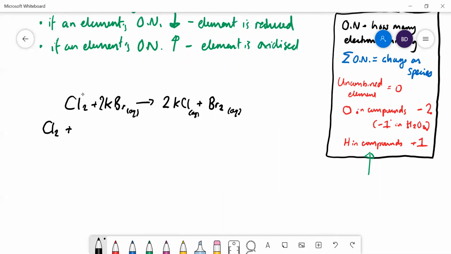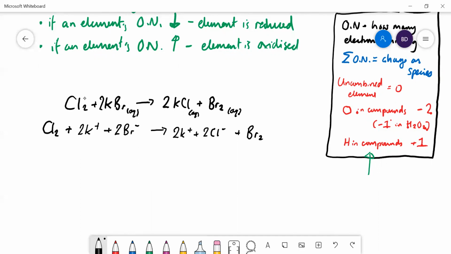Okay, so chlorine, potassium bromide, break it down into its ions. It's 2 K+ ions and 2 Br- ions. And that potassium chloride is going to be 2 K+ ions and 2 chloride ions. And bromine is Br2. Okay, bromine is covalent, so you wouldn't break that down into its ions.